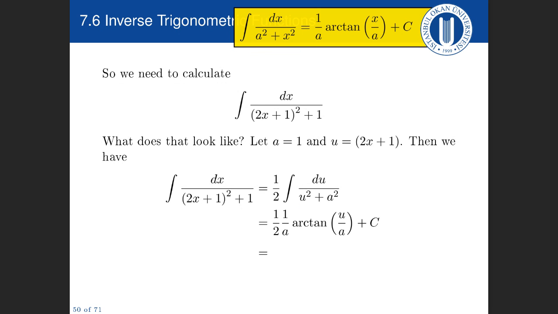So this must be a half, 1 over a, arctan u over a, plus c. Or for the final answer, a half arctan 2x plus 1 plus c, because of course a is equal to 1.